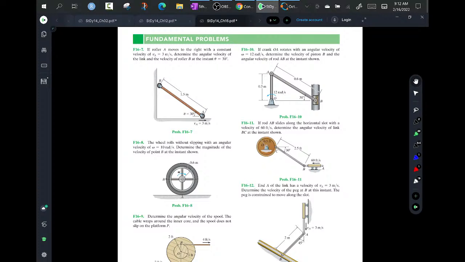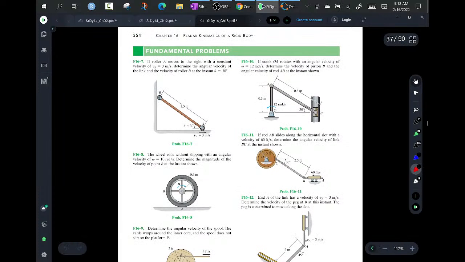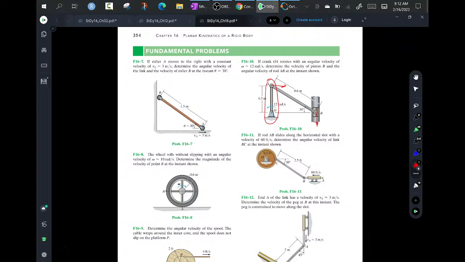And let's see. This one's not so interesting because it has the velocity going this way and this velocity going that way, but it's really nice. That's probably not a bad idea.